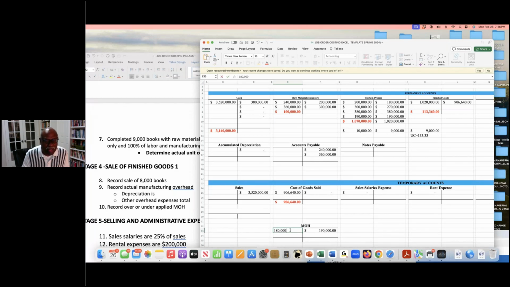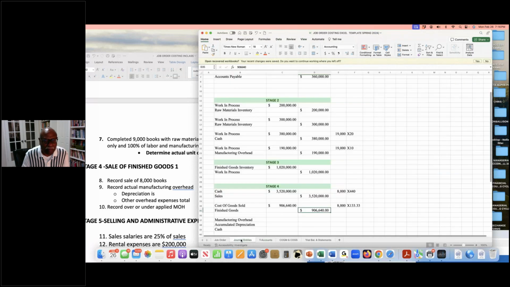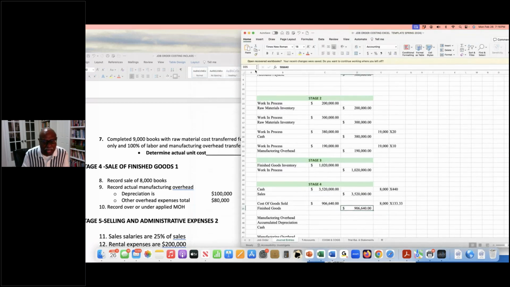So let's go and make that journal entry. The manufacturing overhead was 180,000 in total. 100,000 of it was depreciation, and 80,000 was cash.